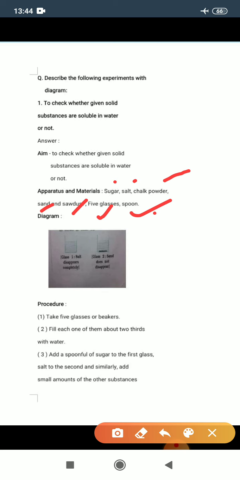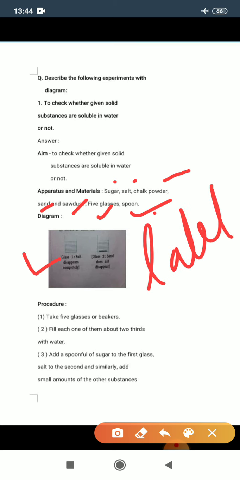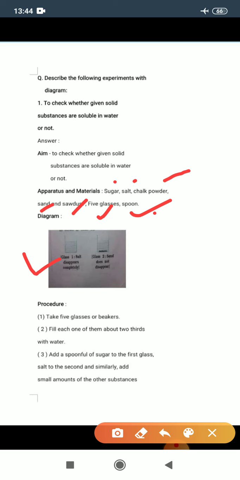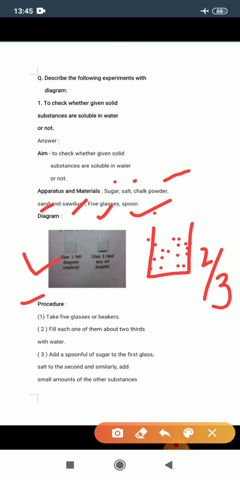Now we need to draw the diagram, and you need to draw labels on that diagram. Now the next step is procedure. First of all, you take 5 beakers, then you need to put water in each beaker up to 2/3. Then you need to add all these apparatus: sugar, salt, chalk powder, sand and sawdust.